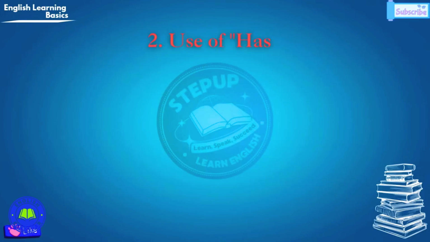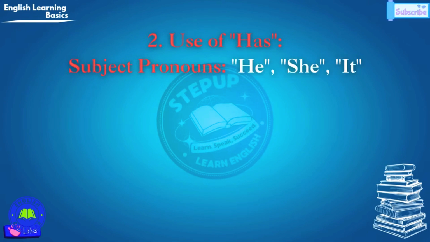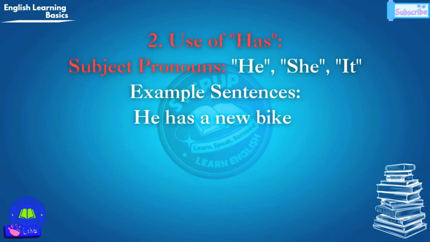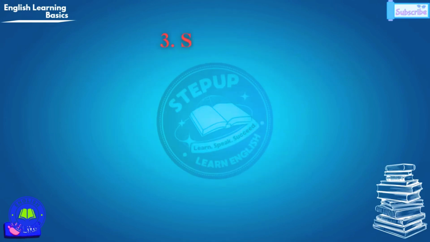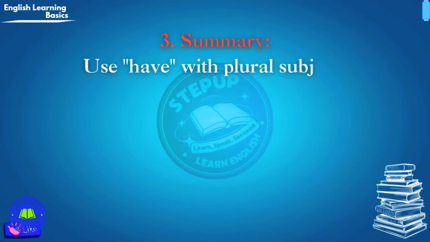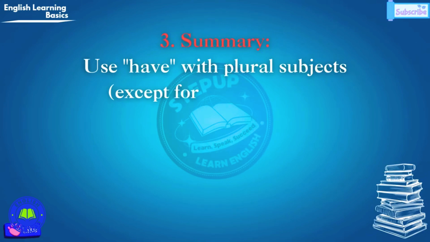2. Use of has. Subject pronouns: he, she, it. Example sentences: He has a new bike. She has a beautiful house. It has been a long day. 3. Summary. Use have with plural subjects, except for I and you.